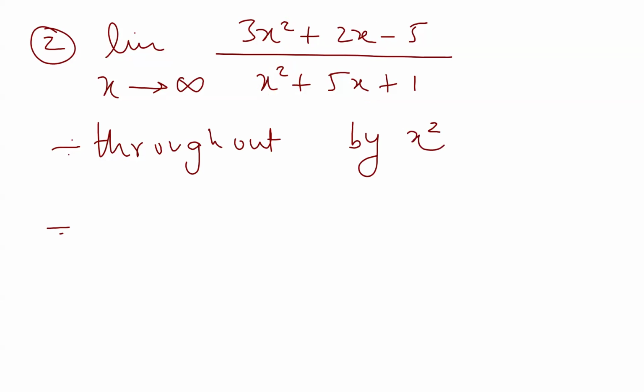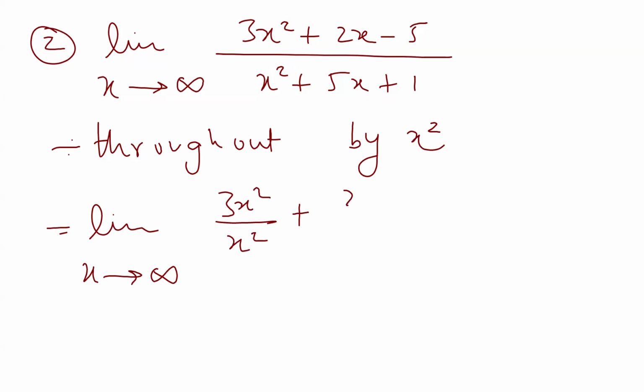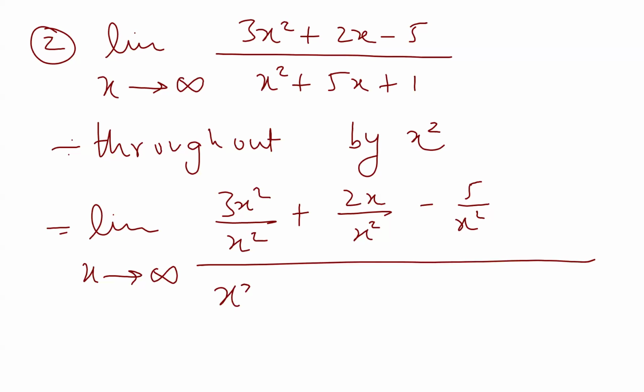So this is equal to limit x approaching towards infinity, 3x square by x square, 2x by x square, minus 5 by x square, 5x by x square, 1 upon x square. So x square is getting cancelled, and one x will get cancelled from the middle terms.